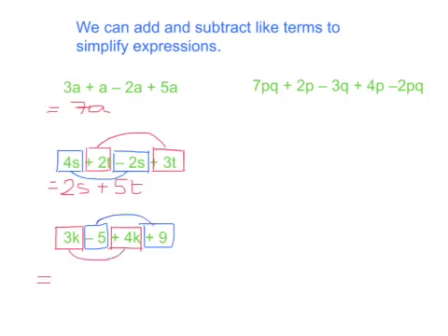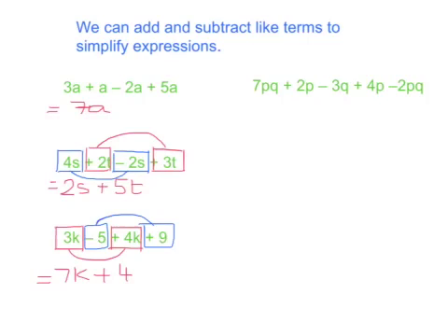Okay, so 3k plus 4k is 7k, and negative 5 plus 9, well, I'm starting at negative 5 on the number line and I'm adding 9 more, which means I'm going past 0 to positive 4. Now I can't put these terms together because 7k and 4 are not like terms. So I'm done there, that's as far as I can go.